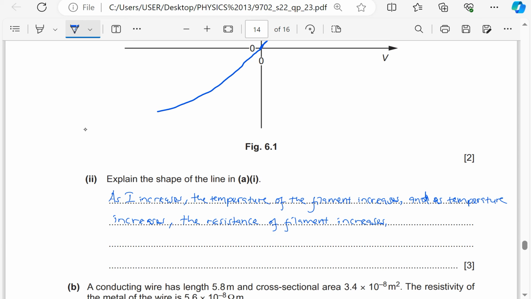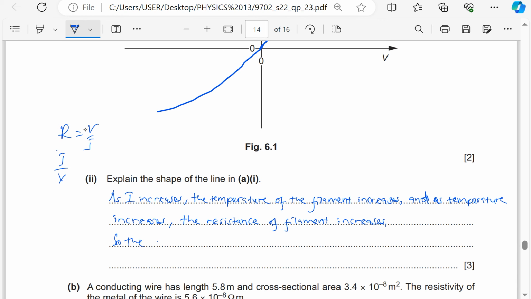So the graph curves, because the ratio R is equal to V over I. So the ratio V over I increases, or you say the ratio I over V decreases.